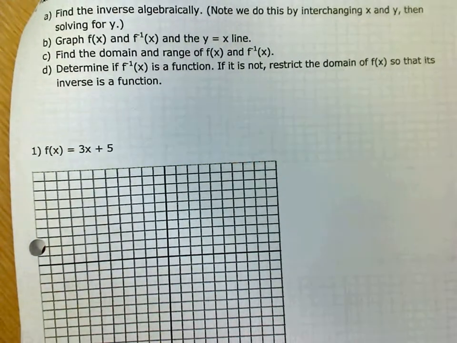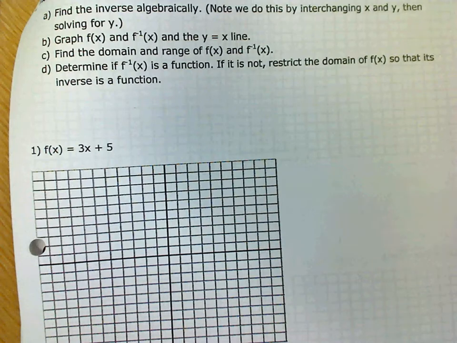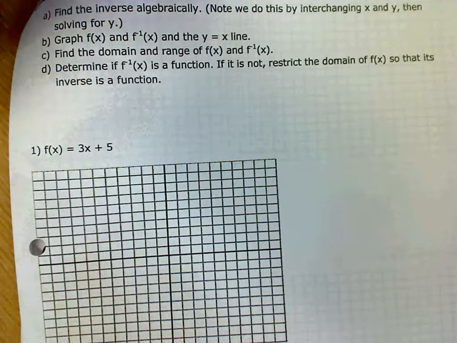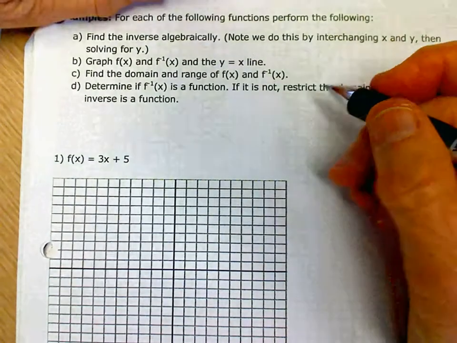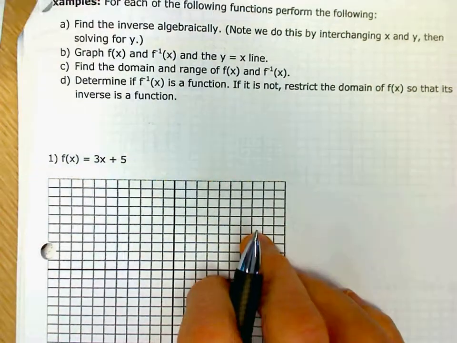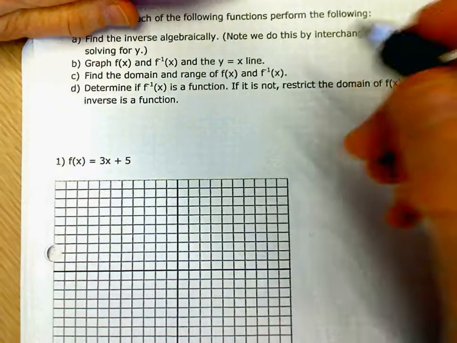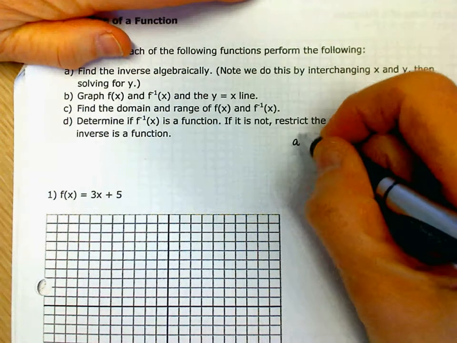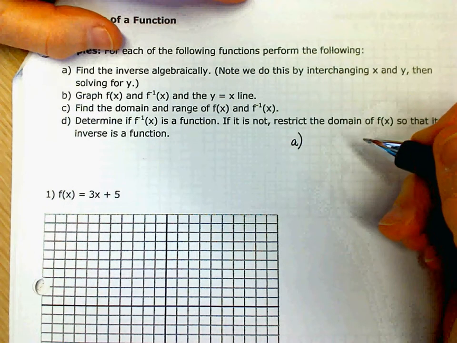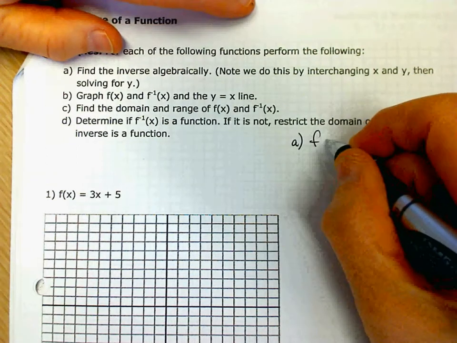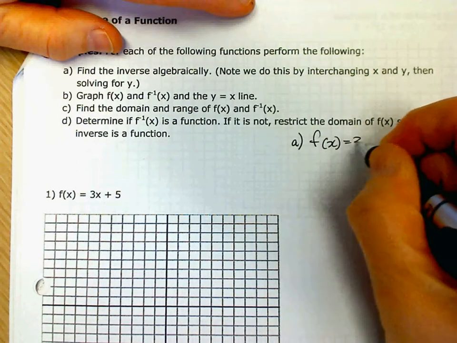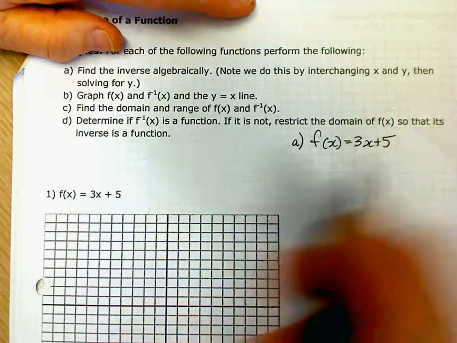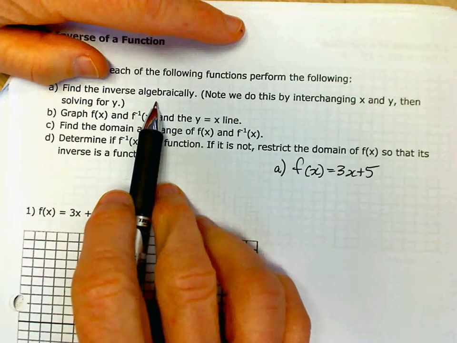Here's our original function. So the first thing we're going to do in part A, we're going to find the inverse. There's plenty of room here, so we don't have to worry about running out of space. But in part A, you have your function f of x equals 3x plus 5. And I want to find the inverse algebraically.